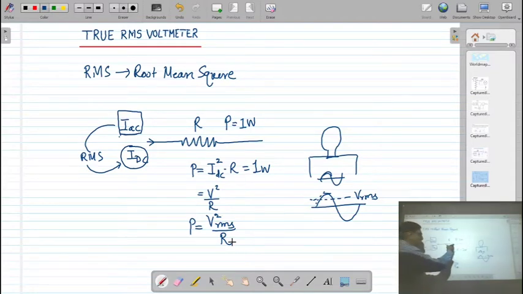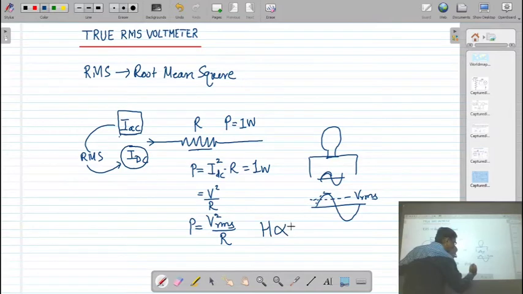Now second thing, whenever the power is dissipated, the temperature of the resistance changes. Power is dissipating in the form of heat, and therefore whatever heat is produced is proportional to V square RMS.